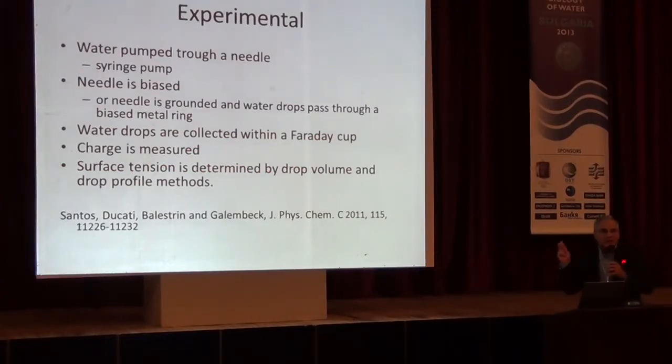I will describe the experiment with some detail, because I think it is important to see the controls. Water is pumped through a needle using a syringe pump. The needle is biased or grounded, and water passes through the biased metal ring. Water drops are collected within a Faraday cup, where charge is measured and surface tension is determined by drop volume and drop profile methods.